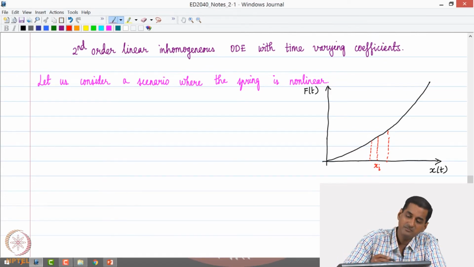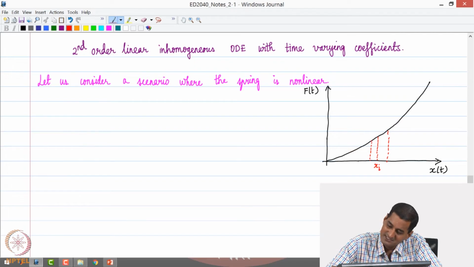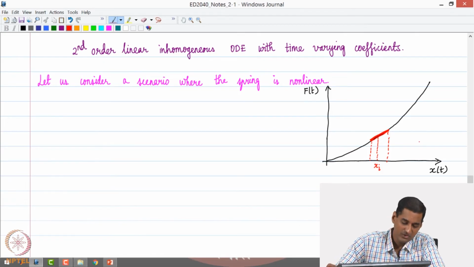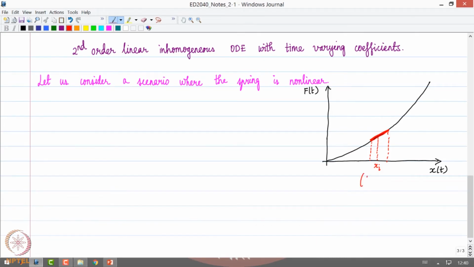Then we can immediately observe that in this region the spring can be approximated as a linear element. So the question we can ask ourselves is: given this range of operation of the spring, can I use a linear approximation to model the process?